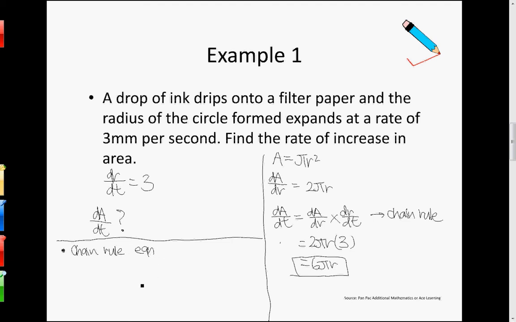Then find all the different rates of change in the chain rule equation, and after that, substitute the necessary conditions. Connected rate of change problems are rather easy to solve.